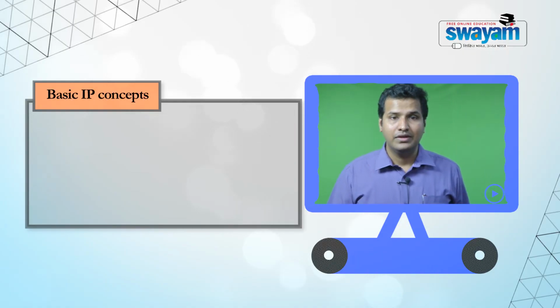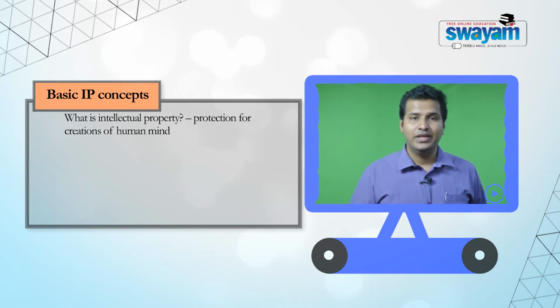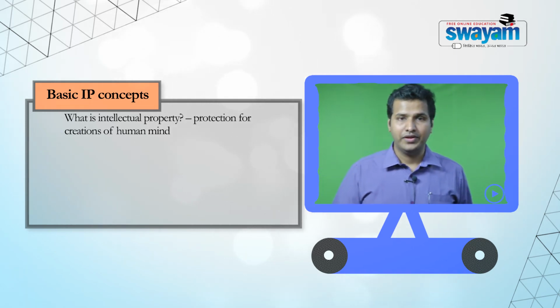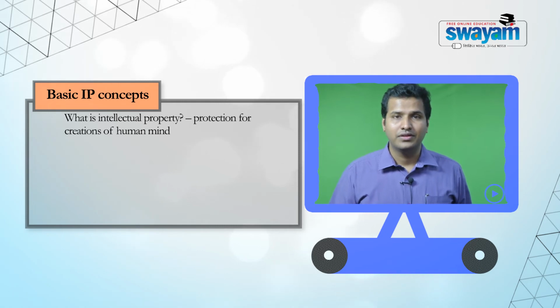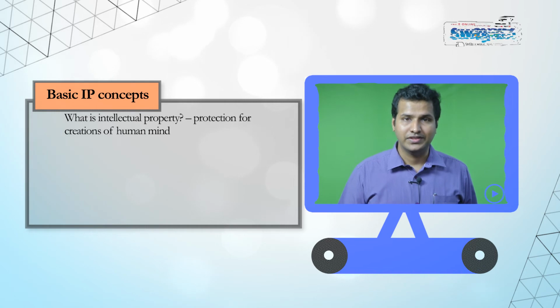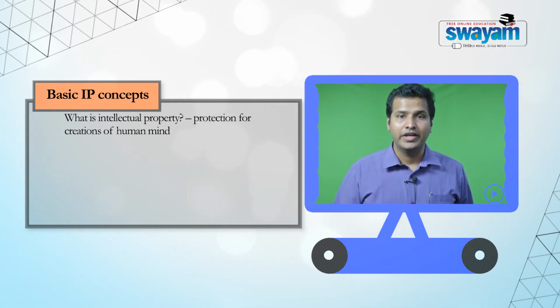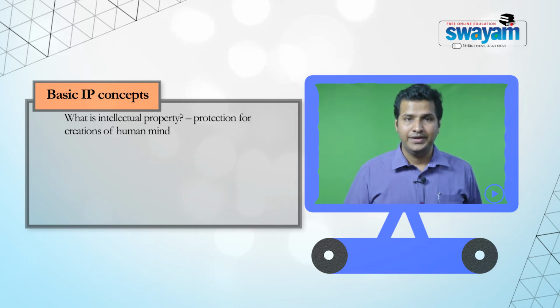Having said that, what is intellectual property? Intellectual property is of a recent coinage. In fact, the predecessor of the World Intellectual Property Organization in around the 1960s coined this term to include broad categories of industrial property and copyright.